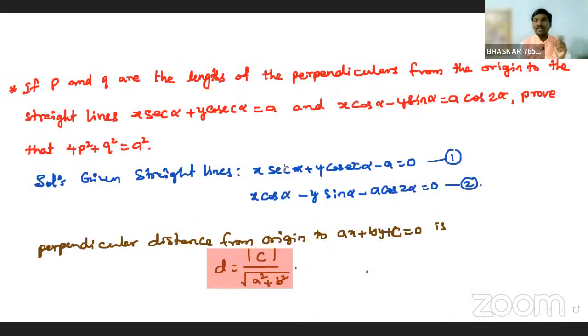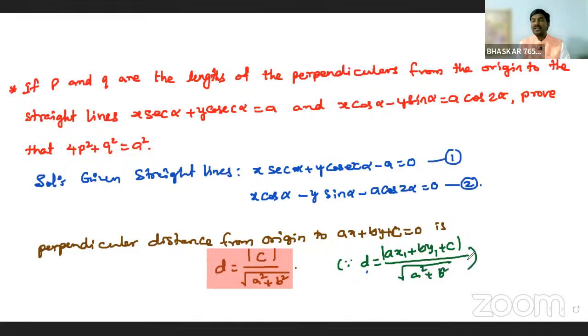First I wrote the given straight lines. After that, we took the perpendicular distance formula. Here we have two formulas for finding the perpendicular distance. For any point, the perpendicular distance formula is d equals mod of a x1 plus b y1 plus c divided by the square root of a square plus b square.